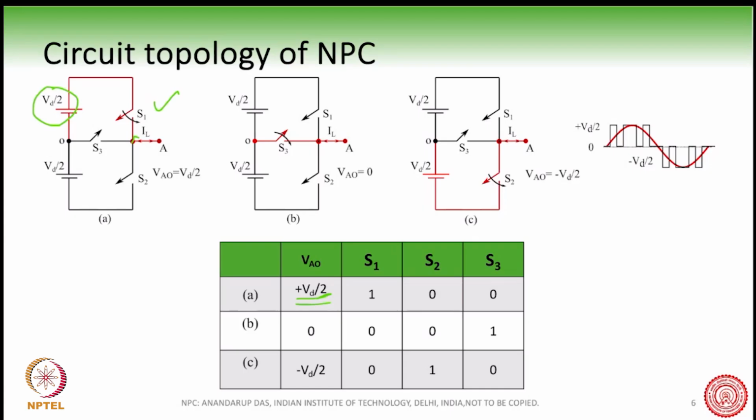Whereas if you turn on the middle switch, then you get 0. And if you turn on the lower switch, then you get minus Vd by 2. So this is how you get the three levels of waveforms at the pole voltage. VAO is called the pole voltage of this converter.